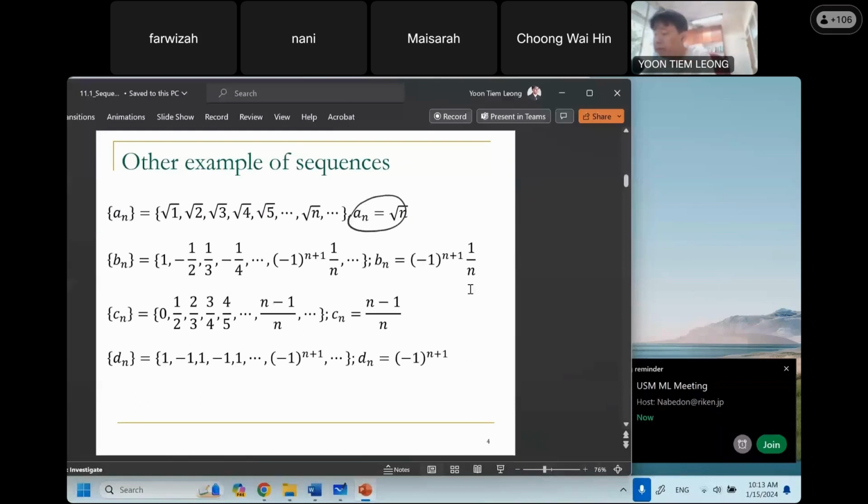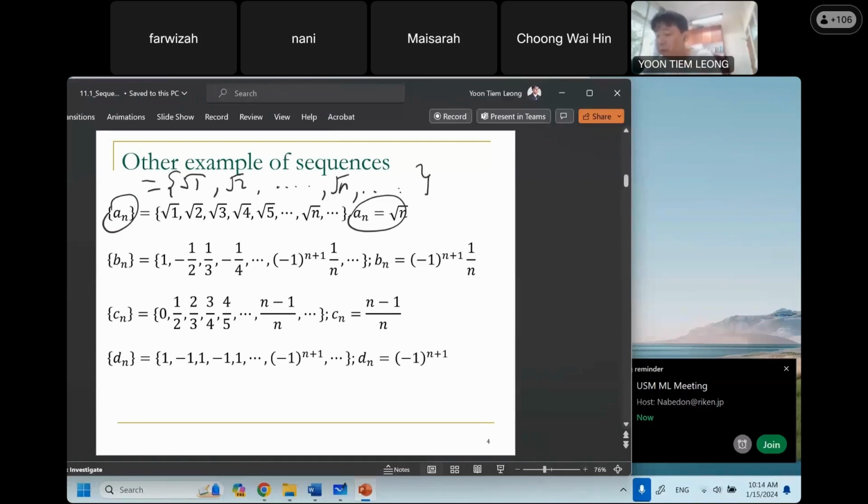Therefore, the sequence is expressed as a list of numbers. The first number in the sequence is square root of 1. The second term is square root of 2, etc. And the n-th term in the sequence is just square root of n. And the number of terms in the sequence lasts to infinity.